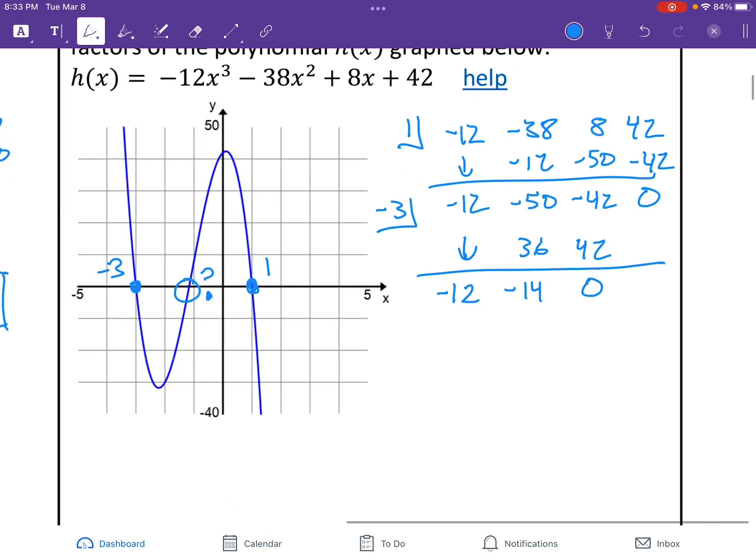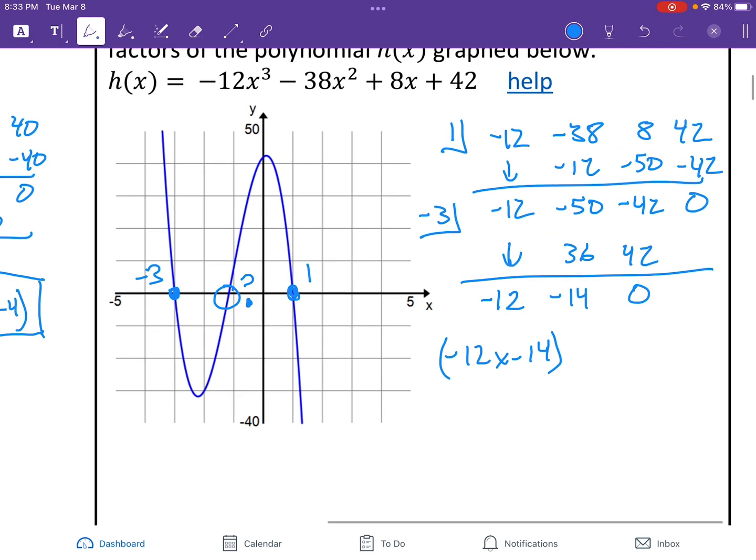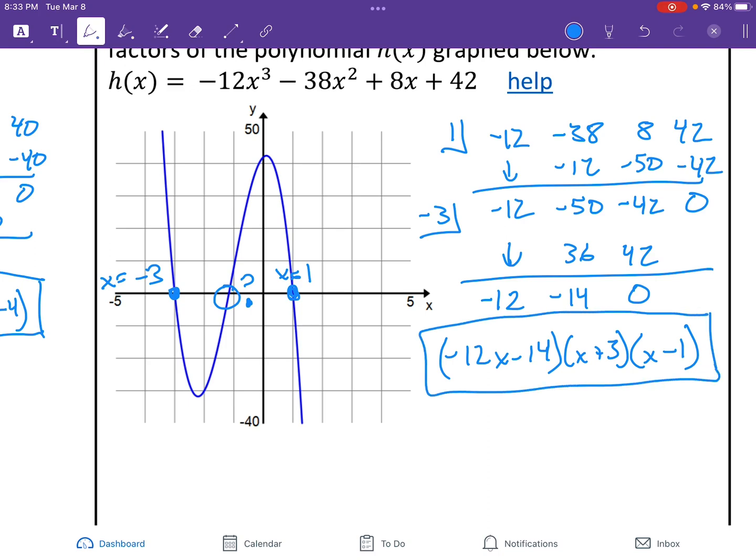So again, this is our answer of the third factor we didn't know, negative 12x minus 14. And we're going to take our numbers here, these are the solutions, we're going to make them factors. So it's going to be x plus 3 and x minus 1. And these are the 3 factors that make up the polynomial and the graph.